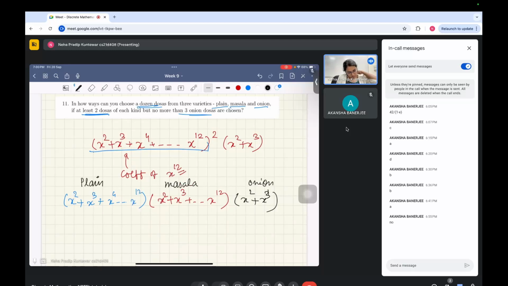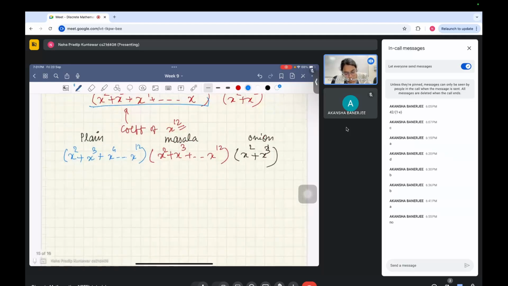So the individual polynomials are right, but my question is, you can get x to the 12 in the following way.